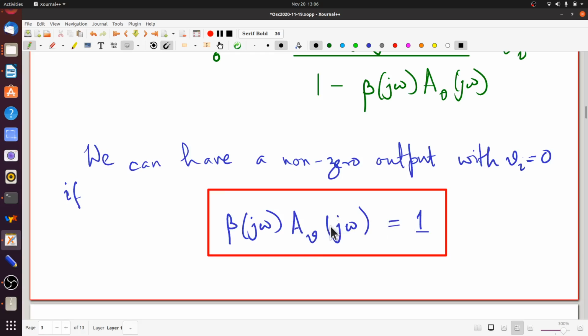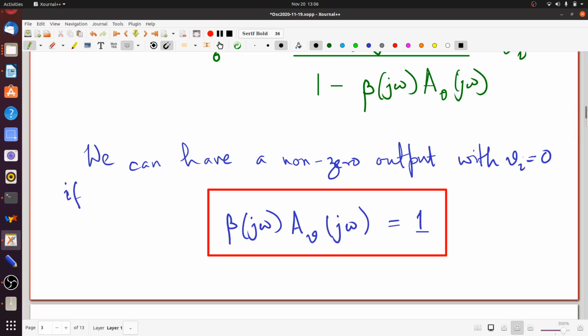Of course, this depends on frequency, and because this is usually satisfied only for one frequency, this is how the frequency selection part of the circuit works. Typically, either AV or beta or both depend on the frequency, and so this condition is satisfied only for certain frequencies.